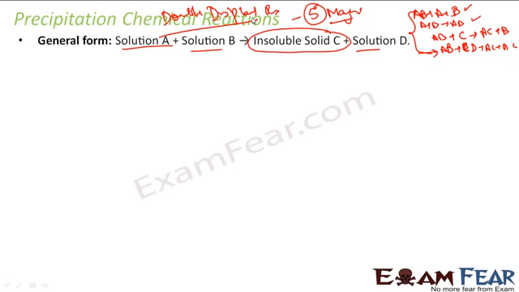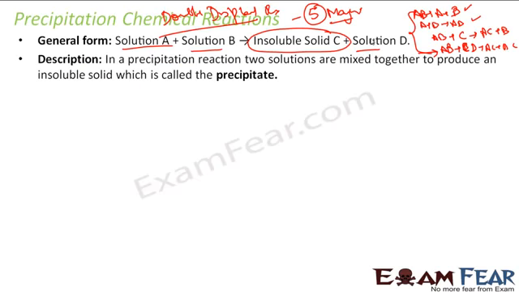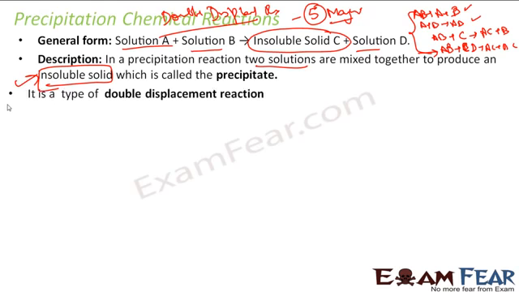So you mix 2 solutions and get one insoluble substance, which is the precipitate. That's what the chemistry description says: in a precipitation reaction, 2 solutions are mixed together and form an insoluble solid, the precipitate. It's a type of double displacement reaction itself.